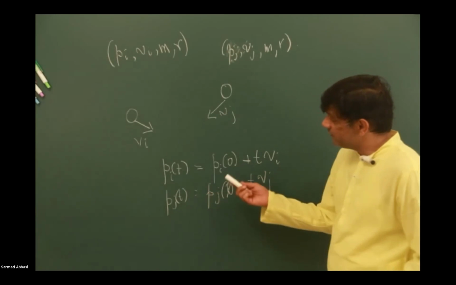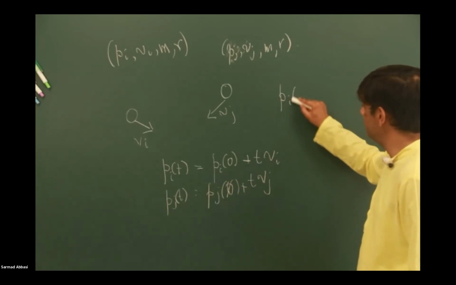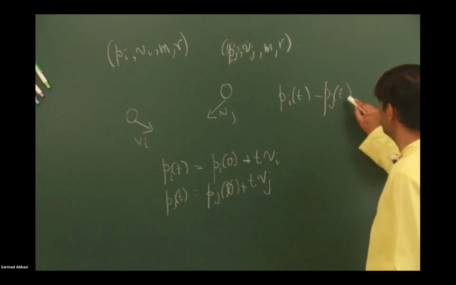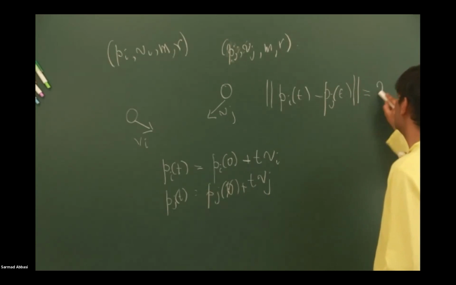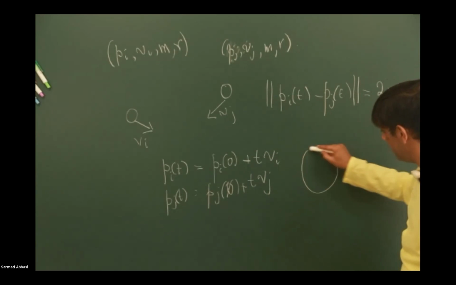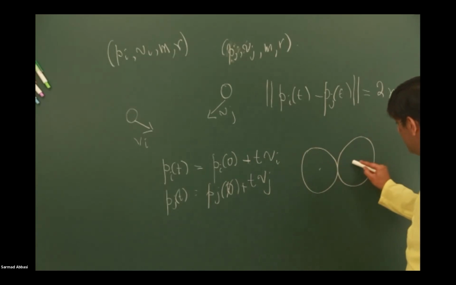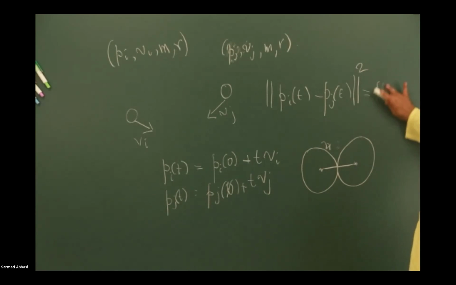These particles collide if the distance between their positions is 2r, because that's a collision. These are the centers, and the distance between the centers is 2r. And it's better to write this equation like this.